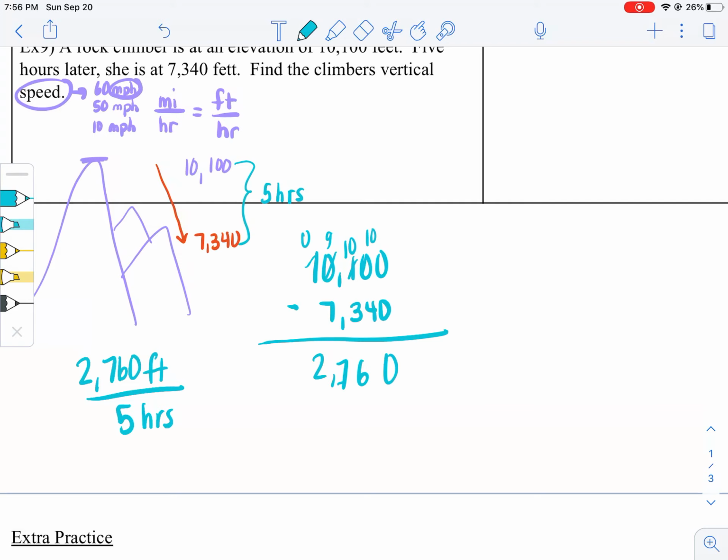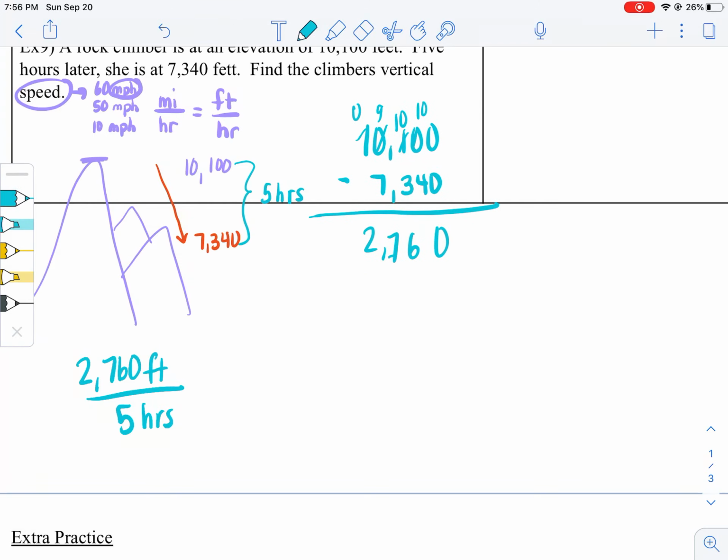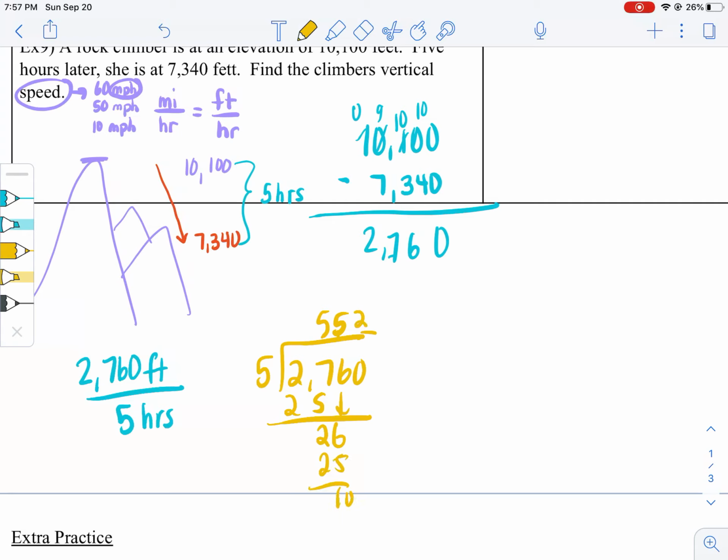We don't say per 5 hours. We want to convert that to just 1 hour. So we are going to divide. We have 5 into 2,760. So 552 feet per hour. That's how many feet she did in 1 hour.